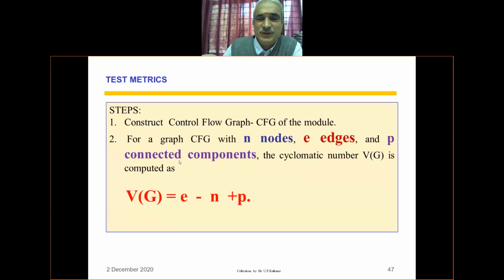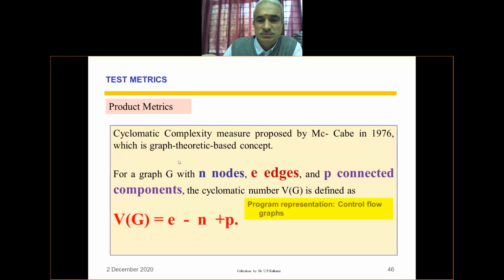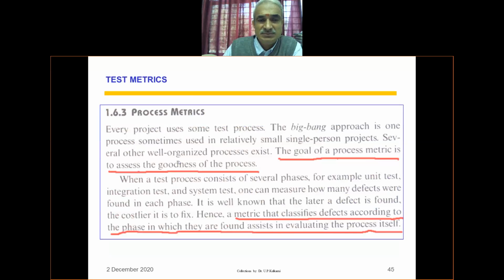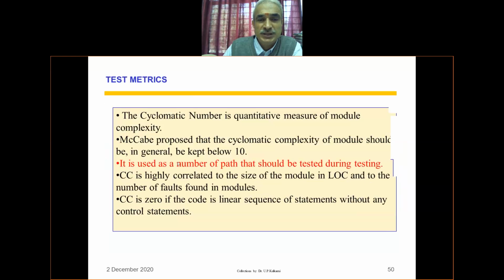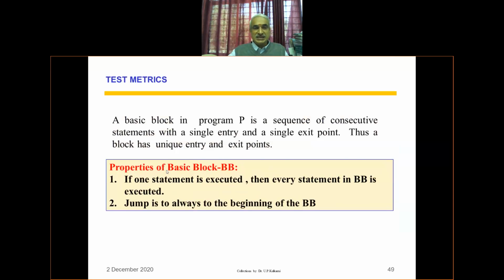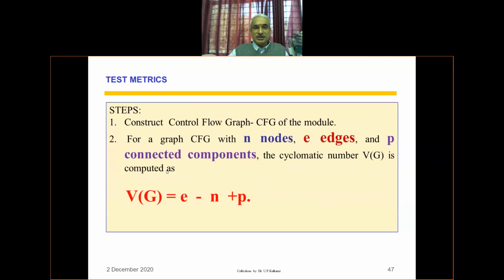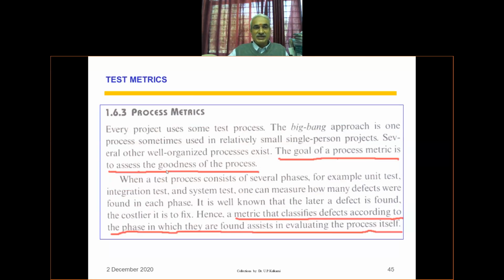Then this is the formula we use. Another important thing I forgot to tell you: it is referred to as the cyclomatic complexity number. Let me tell you about that.